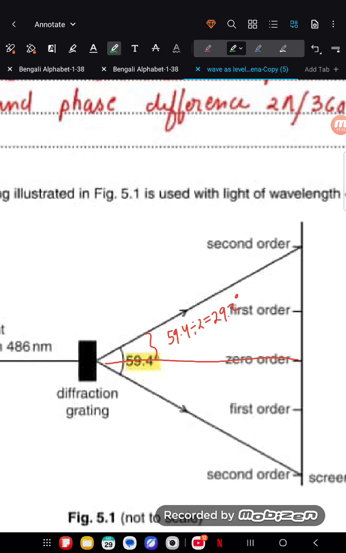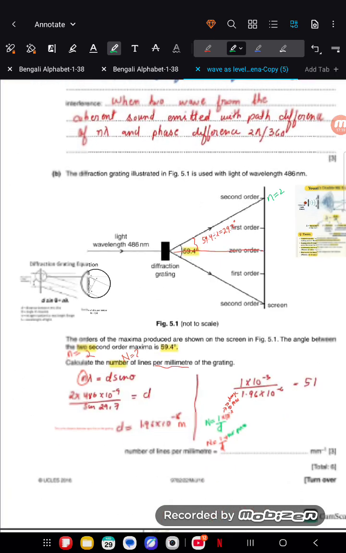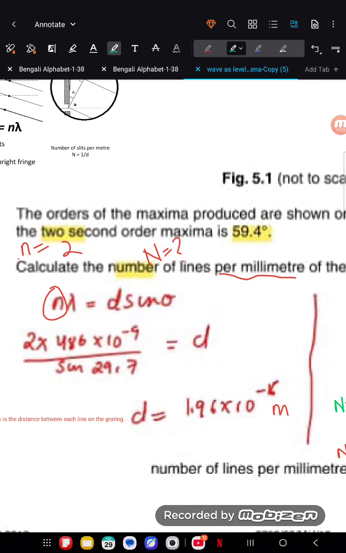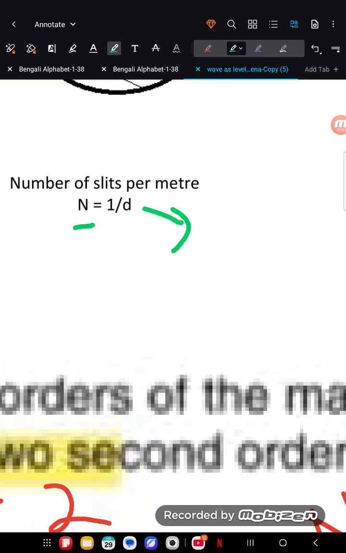There are two orders, so n will be 2, right? Just understand the question, what they say: number of lines per meter. Number of lines per meter means capital N. In order to get capital N you have to find d first.